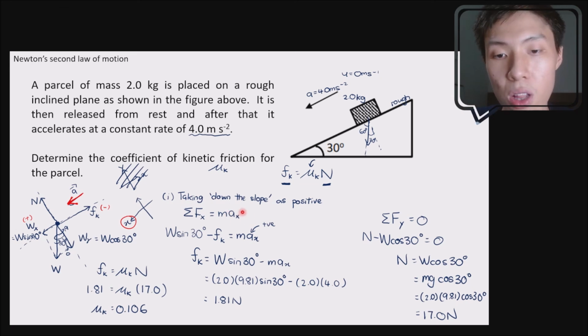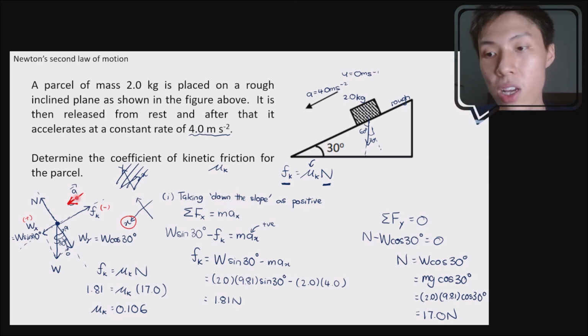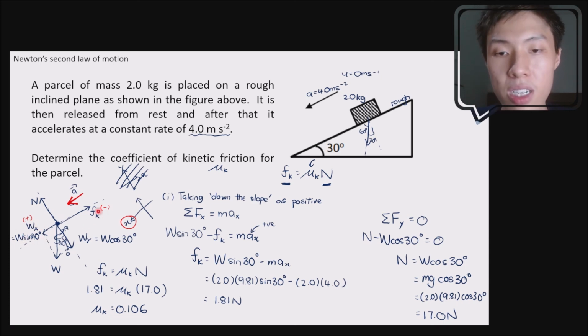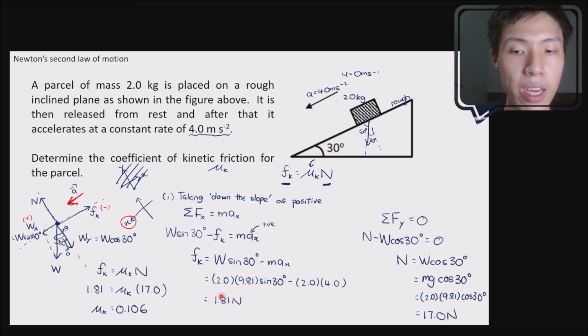When we use second law, we take the direction of acceleration as the positive direction. The object is accelerating down the slope, so I take down the slope as positive. I take what is pointing down the slope, Wx, minus what is pointing opposite, up the slope, Fk. By doing this equals ma, I flip around, I can get my Fk.